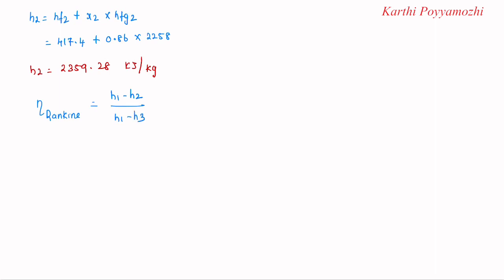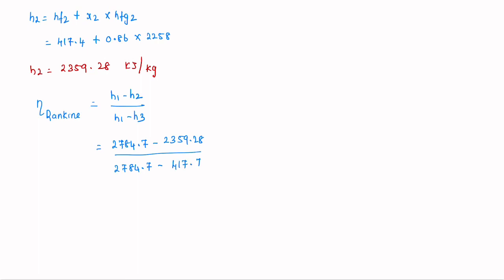From this, we have H1 as 2784.7 minus 2359.28, divided by H1, again 2784.7, minus H3, which is equal to hf2, and the value of hf2 is 417.7.